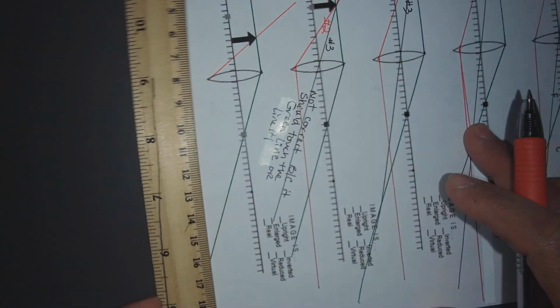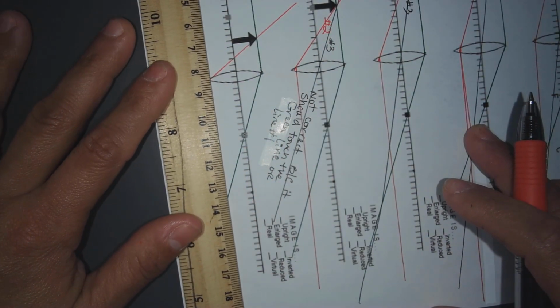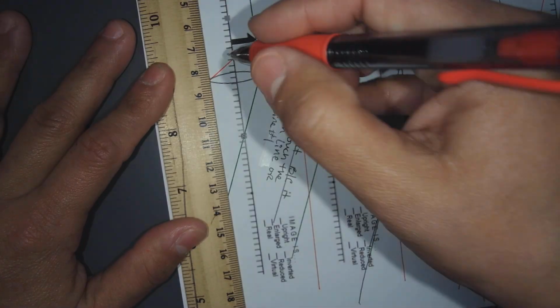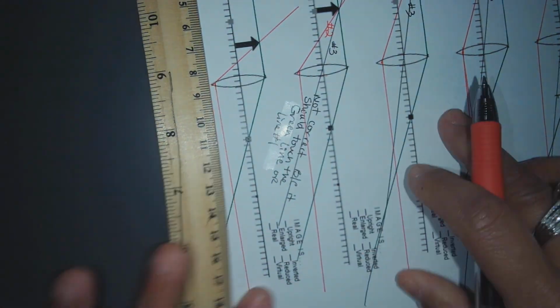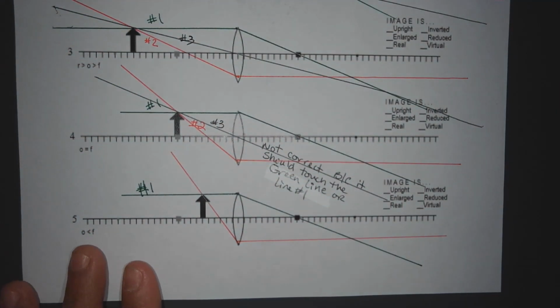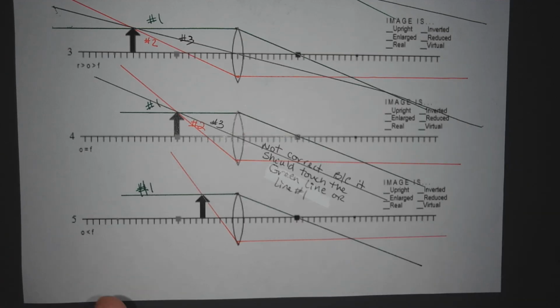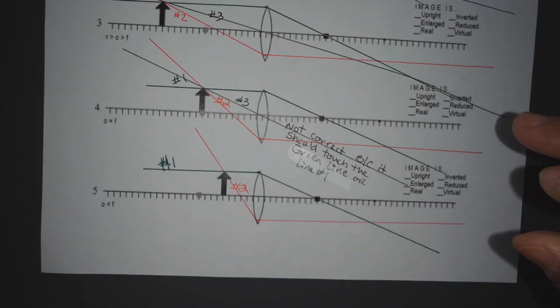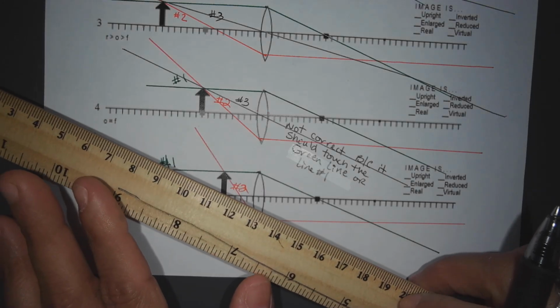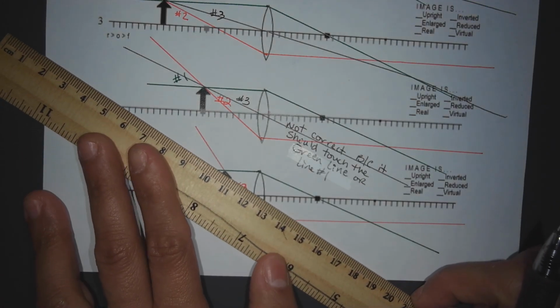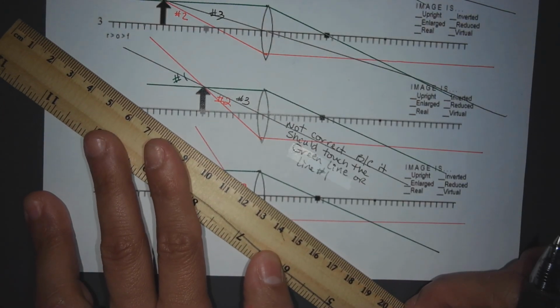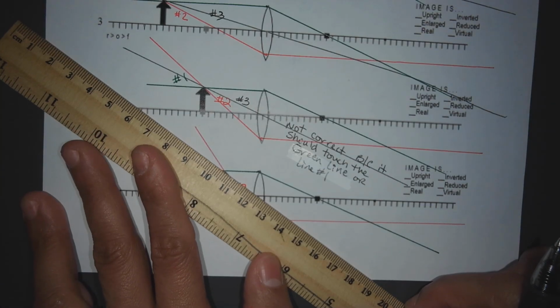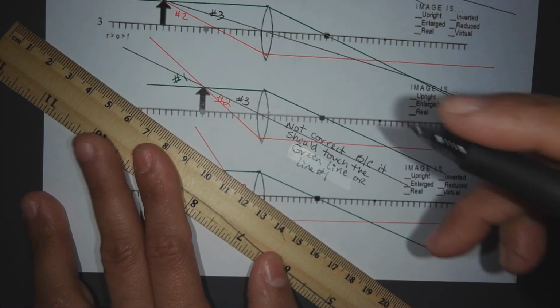It's going to refract, bend, and go sideways, nice and straight. Just like that. Line number 3 should go from the top to the middle of my lens. And it should touch line number 1. It's got to touch it.